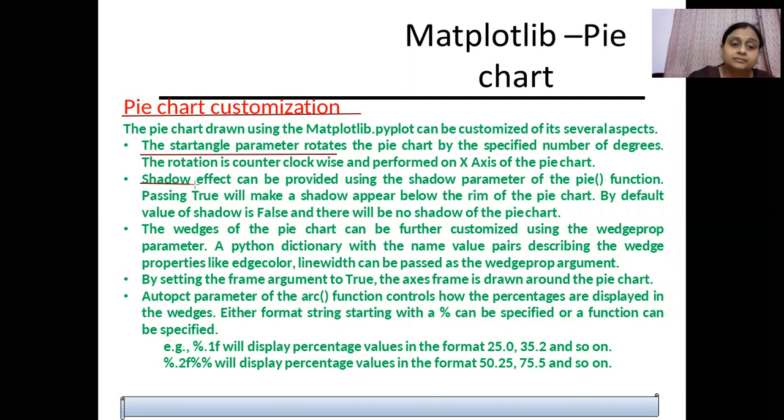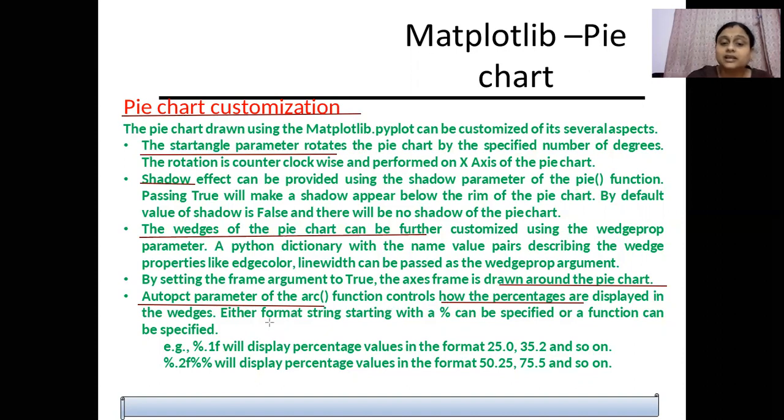The second, this is for color. The next is setting the frame argument to true. The axis frame is drawn around the pie chart. Next one is autopct of the pie function. It controls how the percentages are displayed.